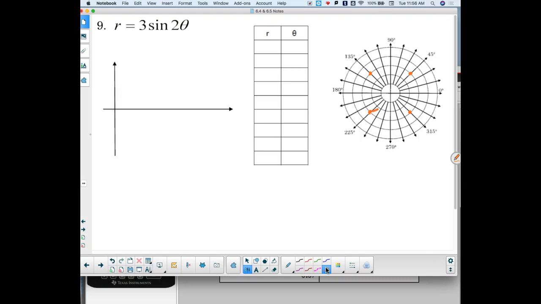And then I would make my petals like that. Okay.